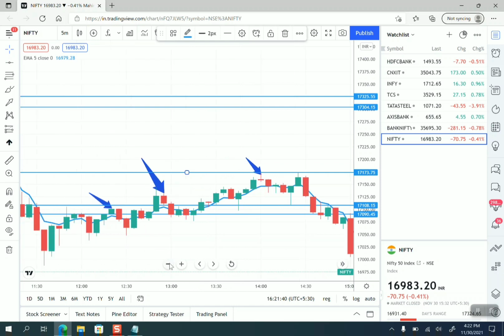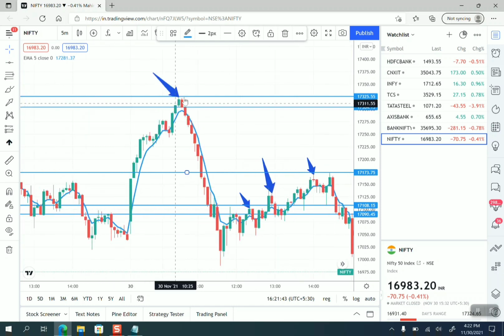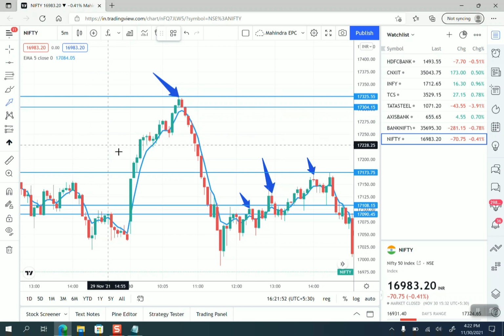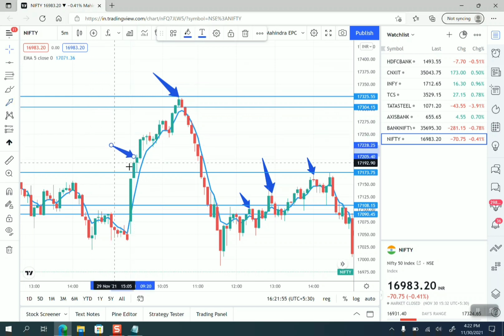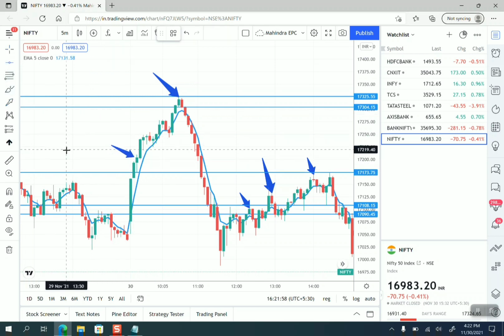If in case it hits the stop loss, then exit, no need to wait. You can see over here this candle was away from its line, but it went up and did not break the low of the candle.